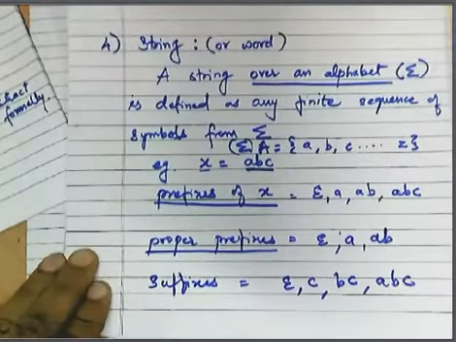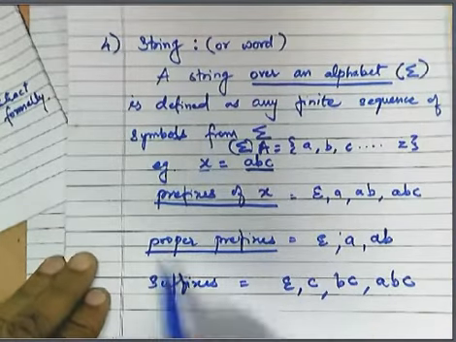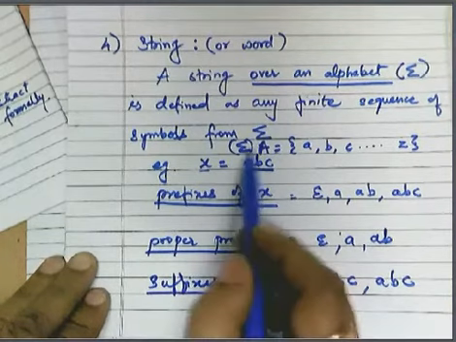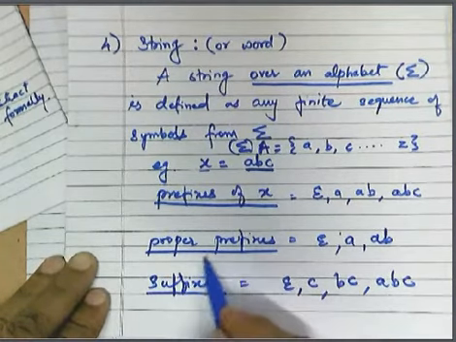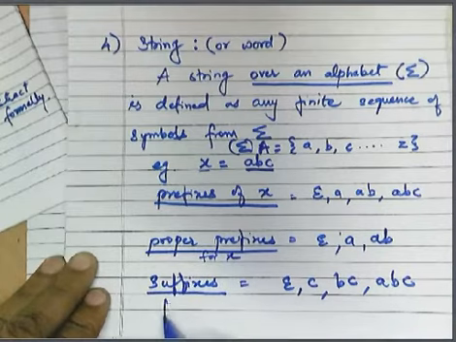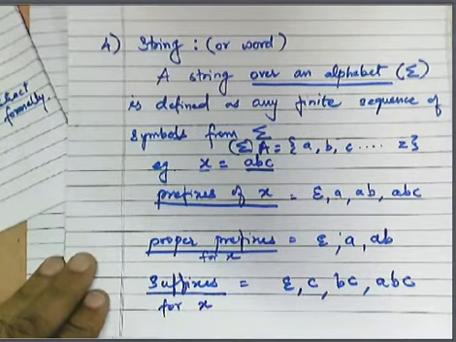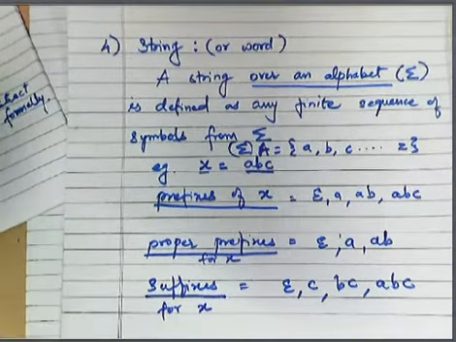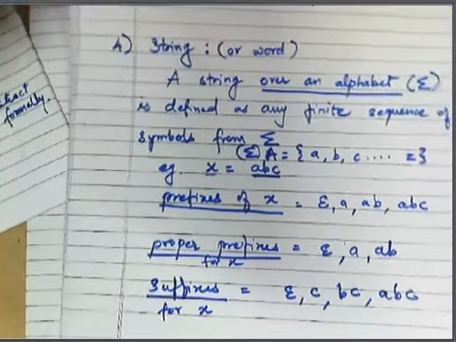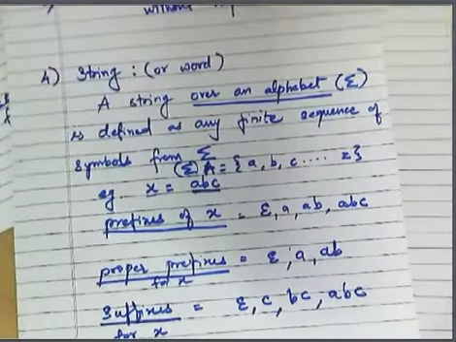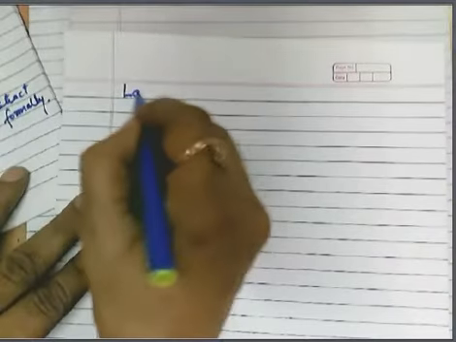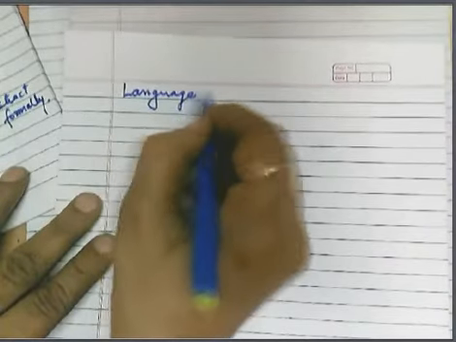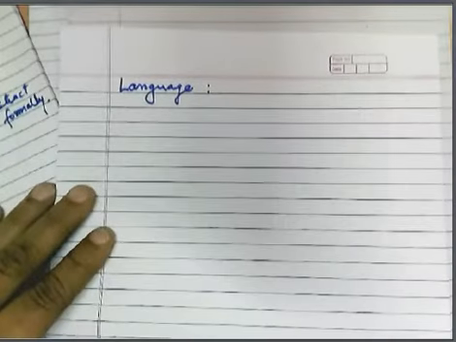These are the suffixes for the given string X. Okay, this is all for X. Okay, so I think you have understood the meaning of all this. Now only the last definition and then I'll stop. The last definition is the language, which we are trying to define formally.